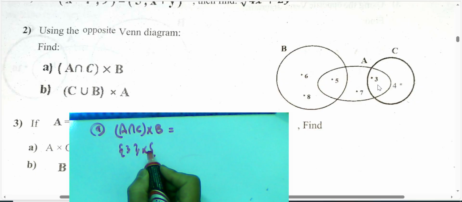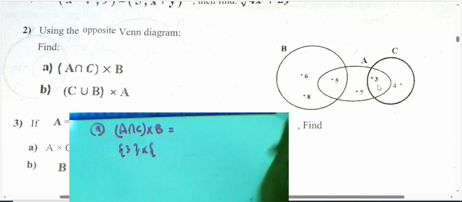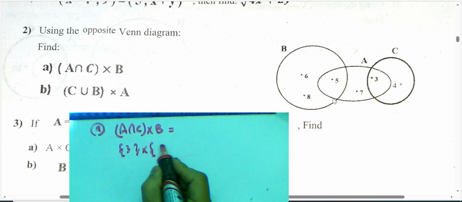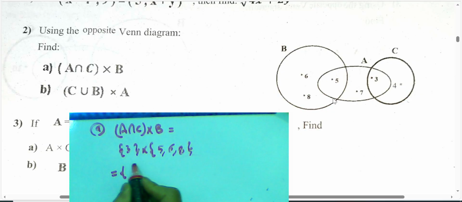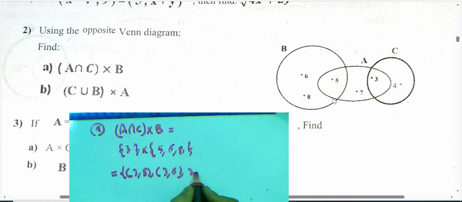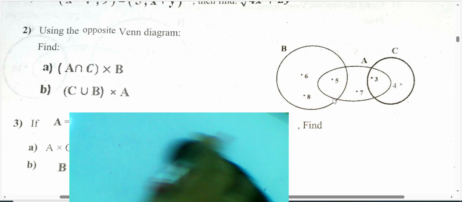Cartesian product with B. B was 5, 6, 8. Okay, write the elements 5, 6, and 8. Then the Cartesian product we can write: 3 with 5, 3 with 6, 3 with 8 in brackets. This is letter A.